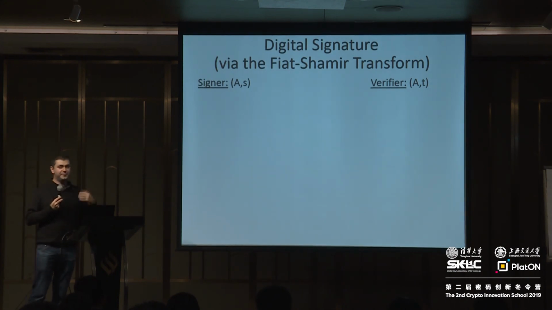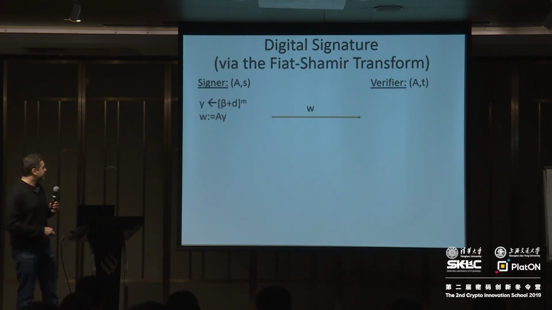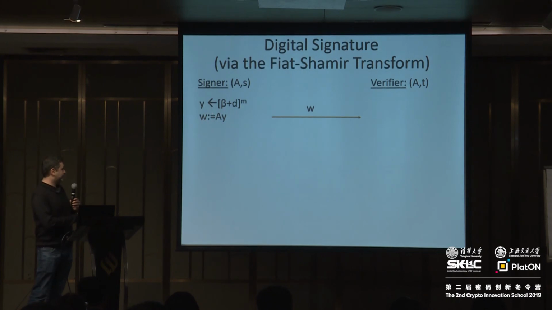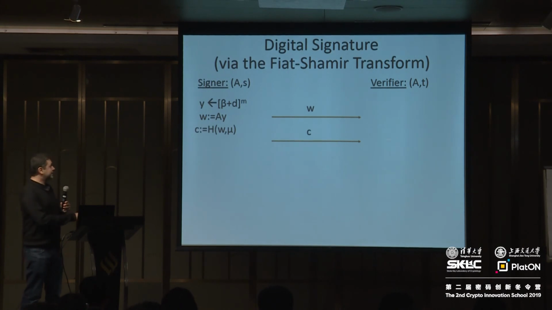So we have to enforce that the challenge comes after the W, and this is the Fiat-Shamir transform from the 80s. The signer does exactly the same thing as before, sending the W, and now the C is not sent by the verifier. The C is computed as the hash of the W and the message.